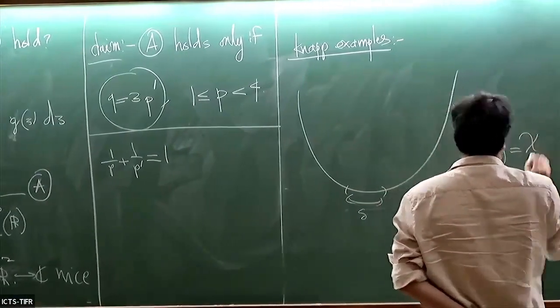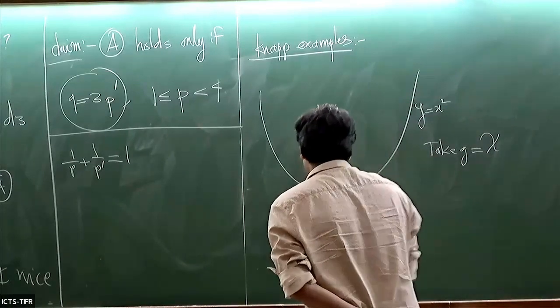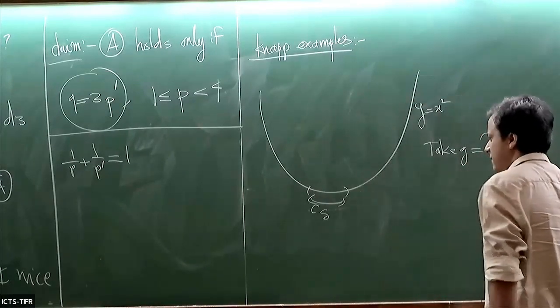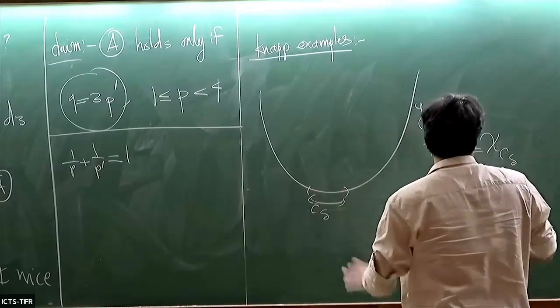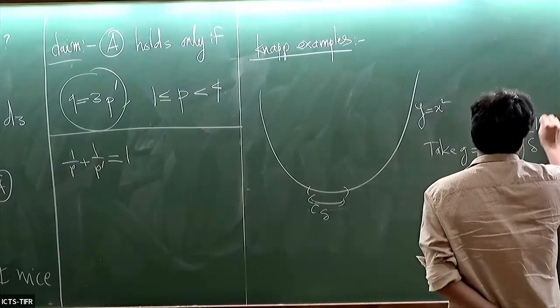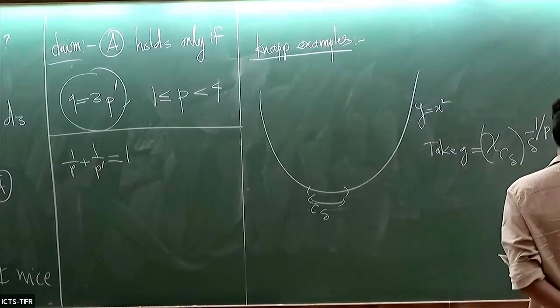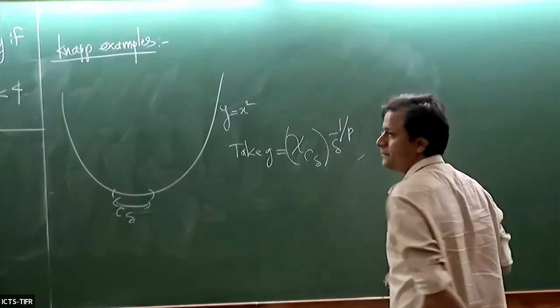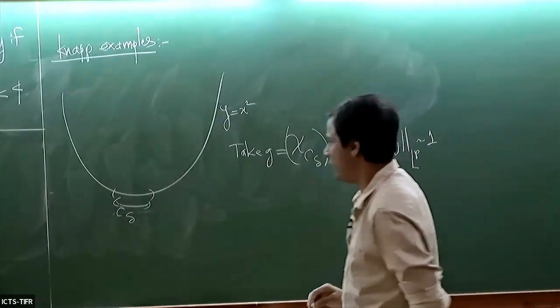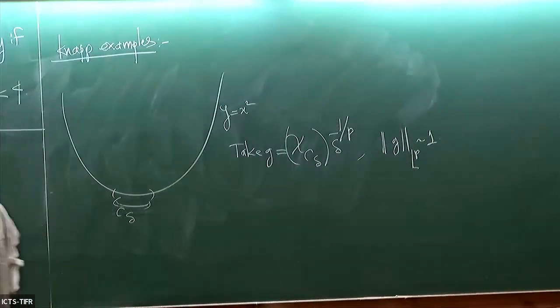Let me call this C delta. Now this has length delta, so its LP mass is about delta to the power 1 over P. So I'm going to scale it by delta to the power minus 1 over P, so that g has LP mass about 1.